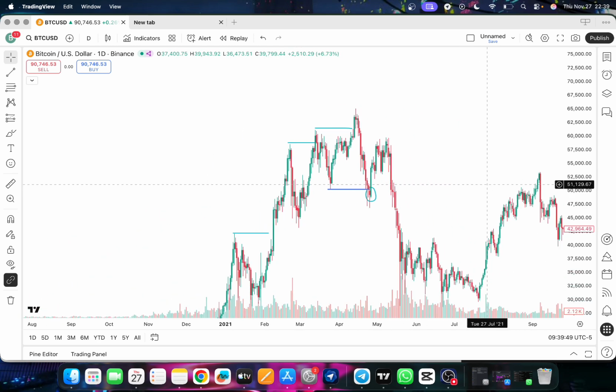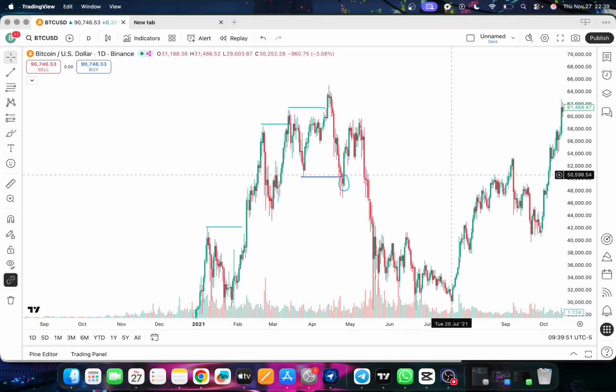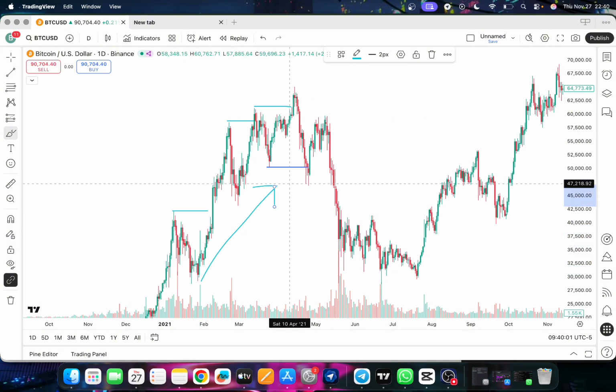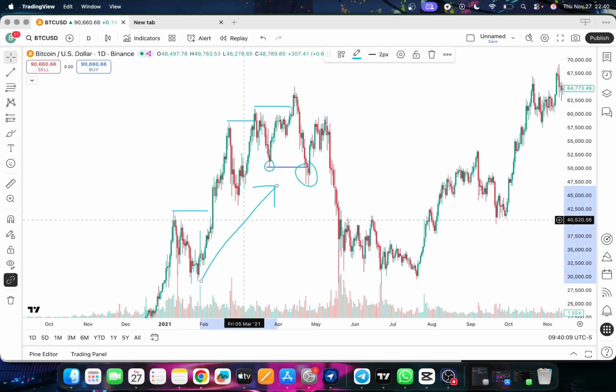So the market always gives you warning signs. When we were in an uptrend, and then we took out this low, price came down and took out this low and the candle body closed.